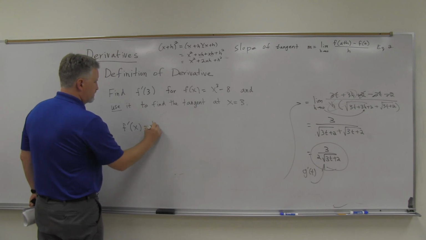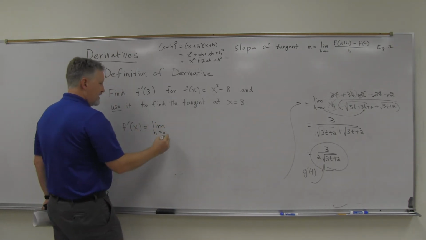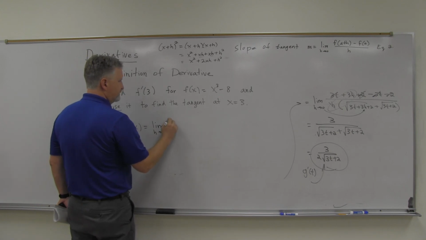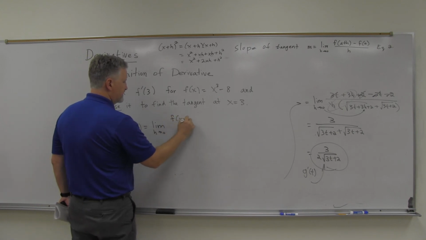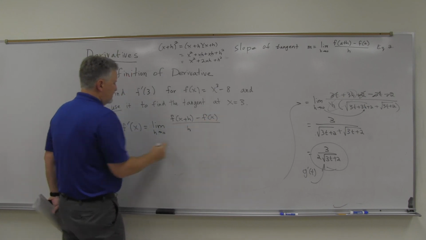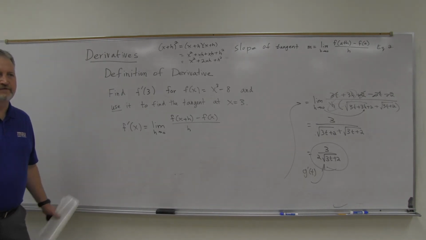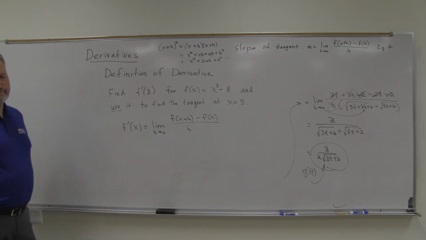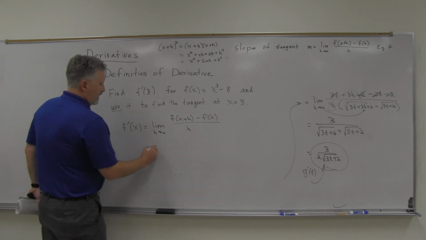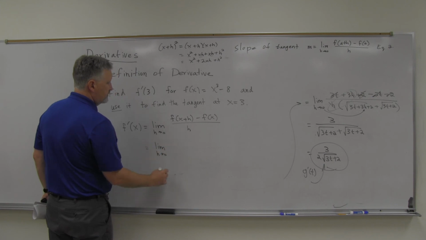So f prime of x, by definition, again using the definition, can't use a shortcut yet. So limit as h approaches 0, f of x plus h minus f of x over h. And you could plug in 3 for x at this point. It doesn't matter, but I'm just going to do f prime of x, and then I'll do the 3.